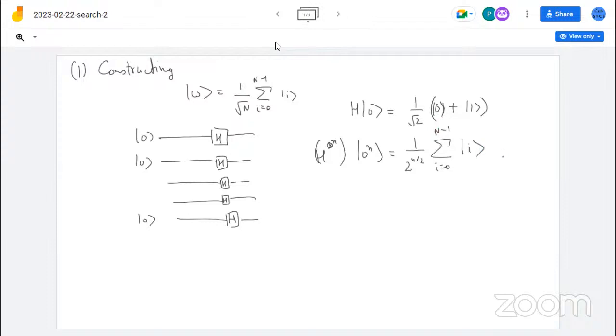Now the second step, constructing I minus 2 W W dagger. How do we do that?